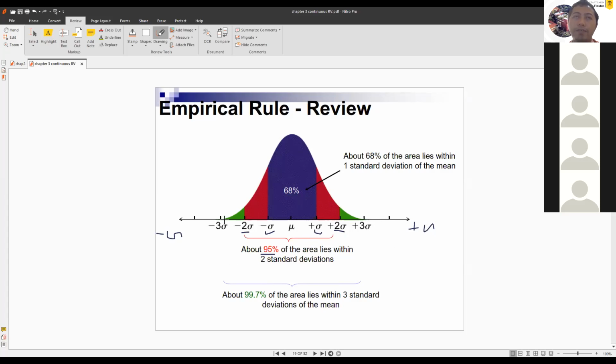And if we complete with the green area, we arrive at 99.7%. That's the empirical rule, or characteristic, of normal distributions. Any questions?